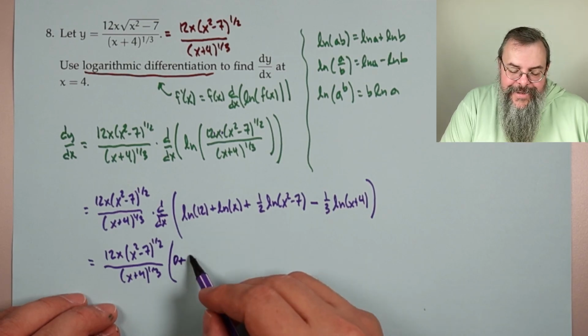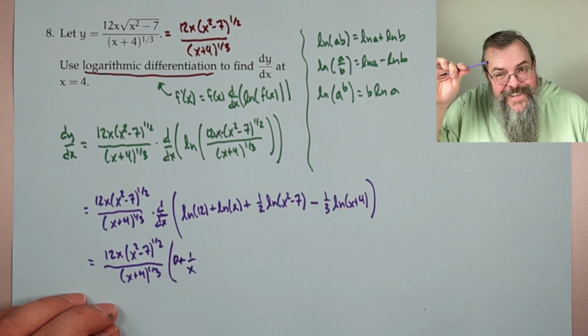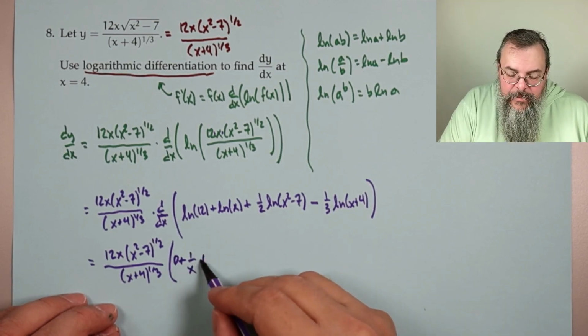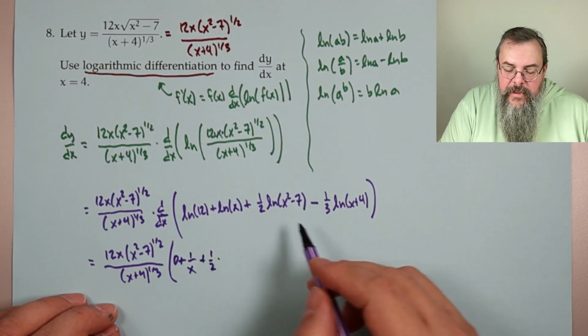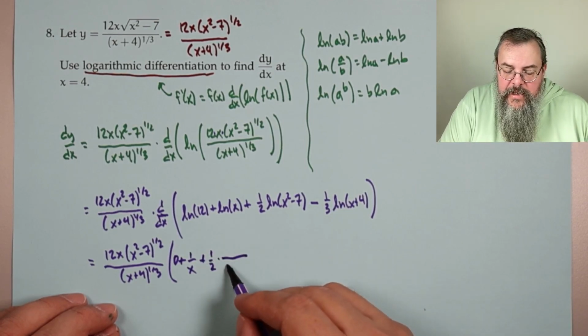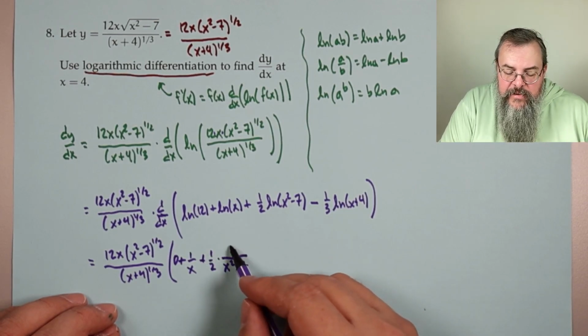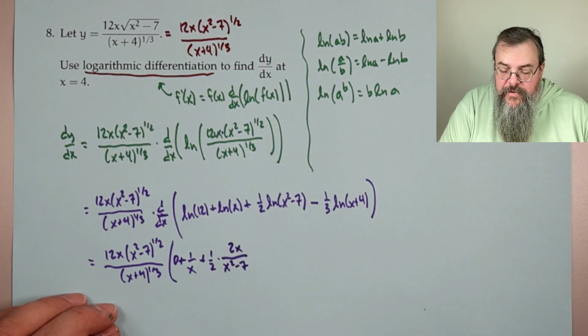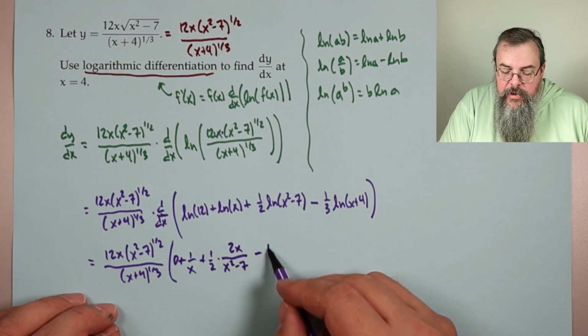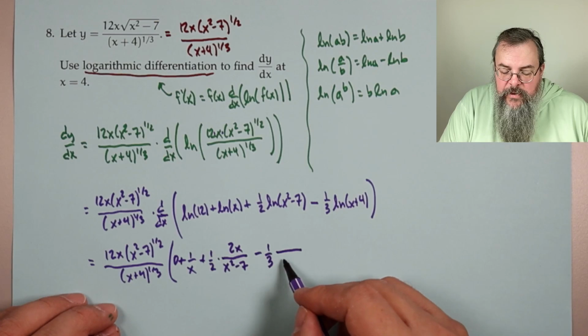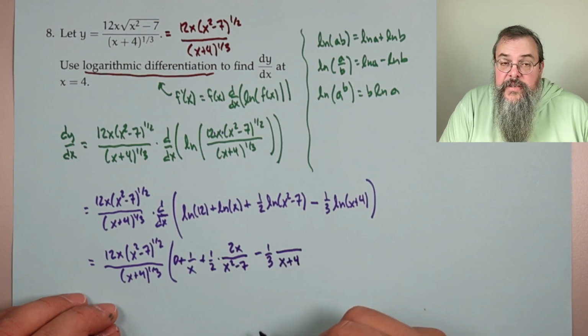Derivative of log x is 1 over x, plus 1/2 times the derivative of log of x squared minus 7. Well, x squared minus 7 goes downstairs, derivative of 2x goes upstairs. Minus 1/3 times the derivative of log x plus 4. X plus 4 goes downstairs, derivative of x plus 4 goes upstairs.